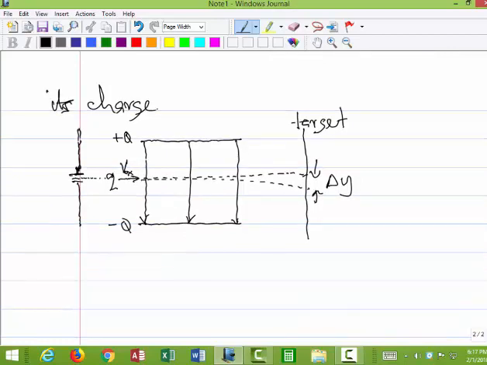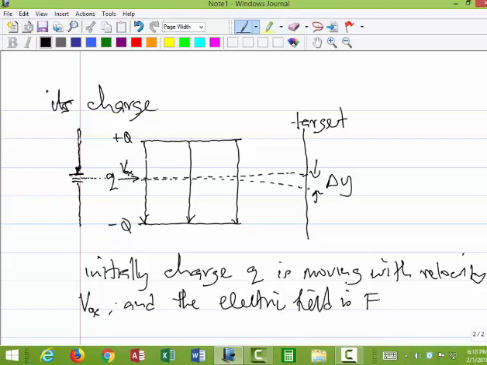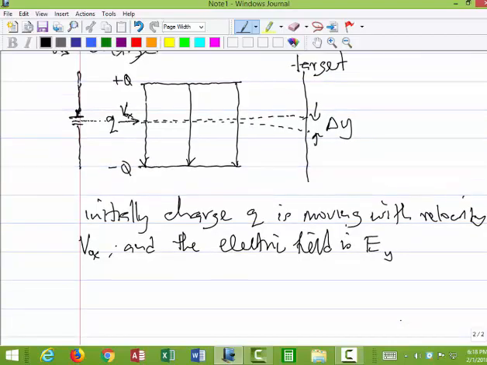Okay, so let's start off by saying that initially charge Q is moving with velocity v naught x. So v naught x is a velocity along the x-axis, and the electric field is E in the y direction. So the electric field is along the y-axis in the y direction.